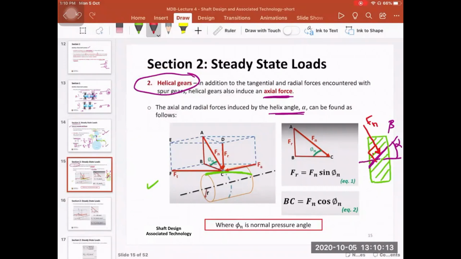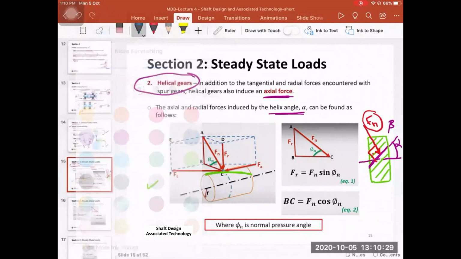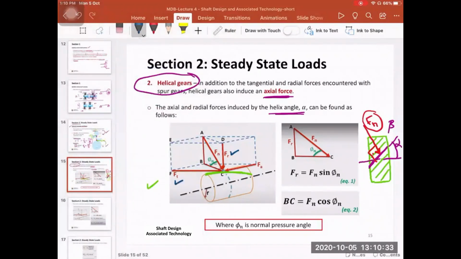But this Fn is a three-dimensional force. It is coming in space. So as you see here, this Fn can be resolved into three different components. One component is Fr, another component is Ft, and the third component is Fa.